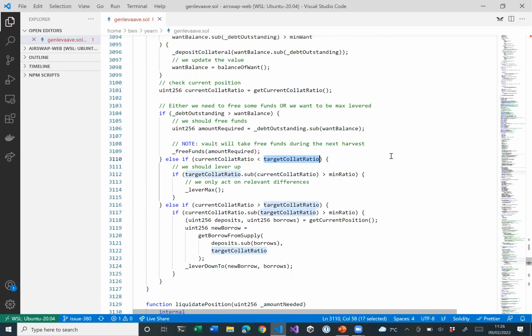If you're below the target, you want to loop again, so you call this lever max function, which does another loop of the borrowing and depositing cycle. And if you're over that threshold, so if your LTV is higher than your target LTV, then you're levering down.